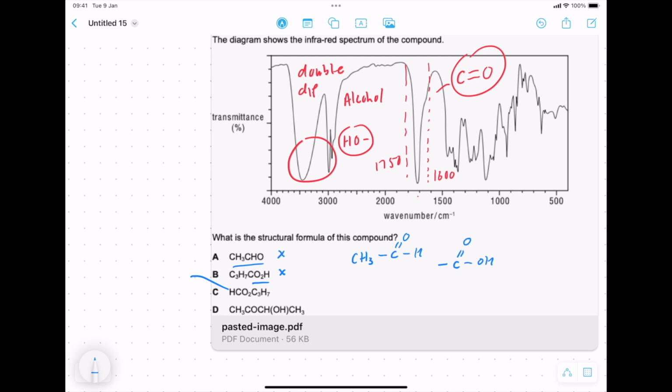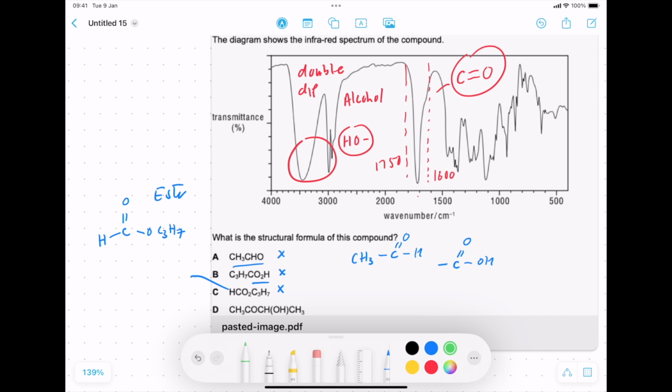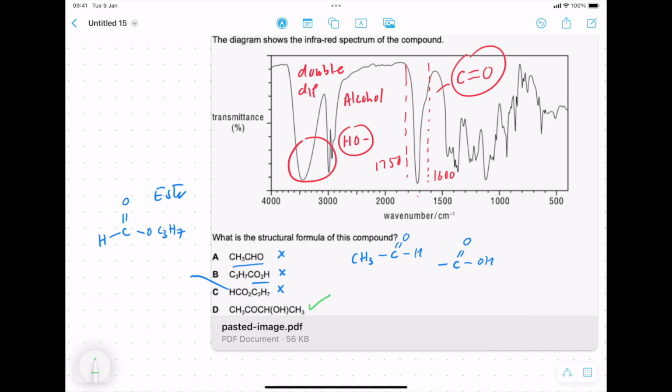So what would that look like? Well, a hydrogen, then that would be bonded to a carbon, and there's two oxygens. So the only way that's going to work is a C double bond O and an O, C3H7. So that's an ester. Well, it's definitely not an ester because it hasn't got an alcohol group. So that's out, which means by process of elimination, it must be that one.